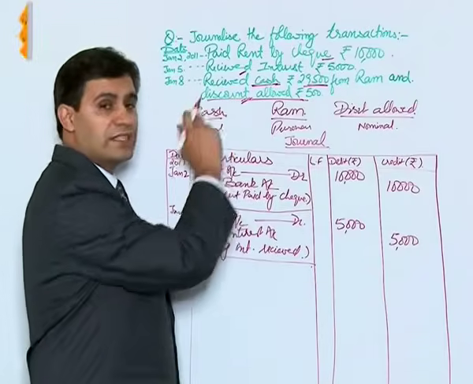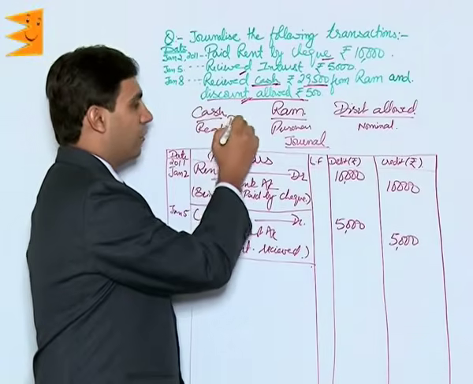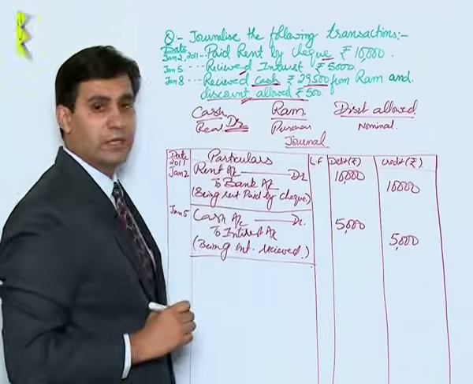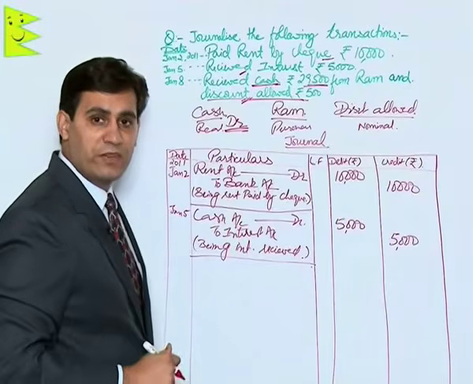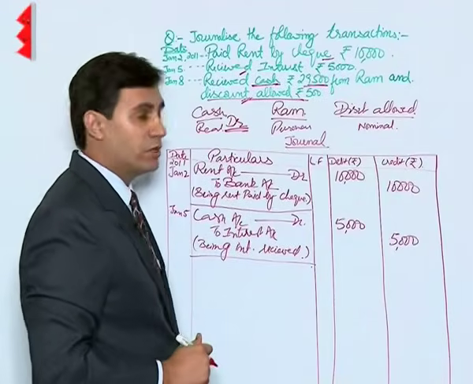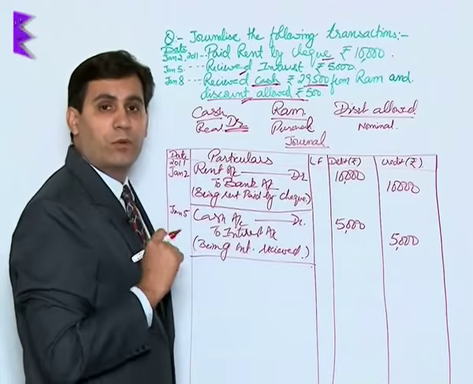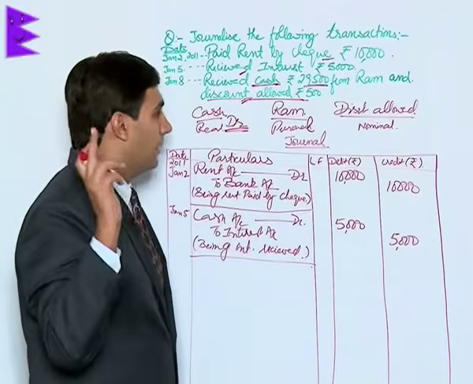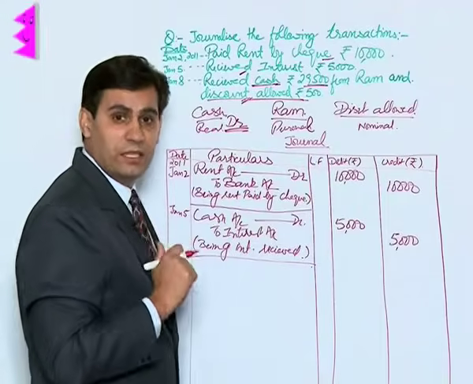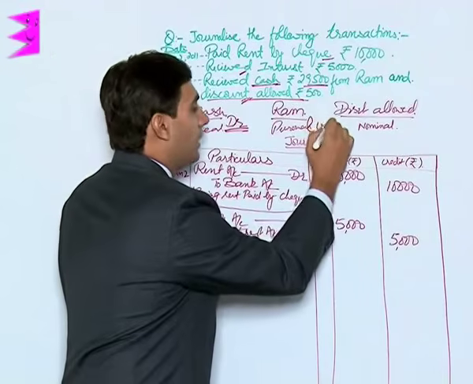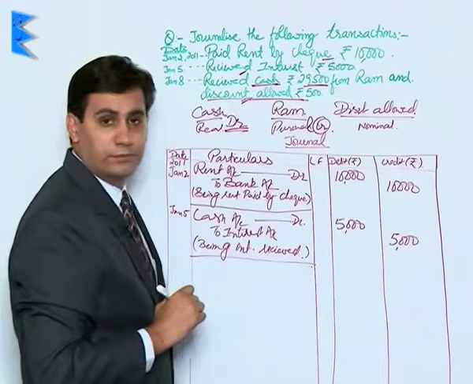So now since we are receiving cash, debit what comes in. Cash is debited. Ram is giving us this amount of cash. So according to the personal account rules, debit the receiver, credit the giver. So this would be a giver, hence credited.